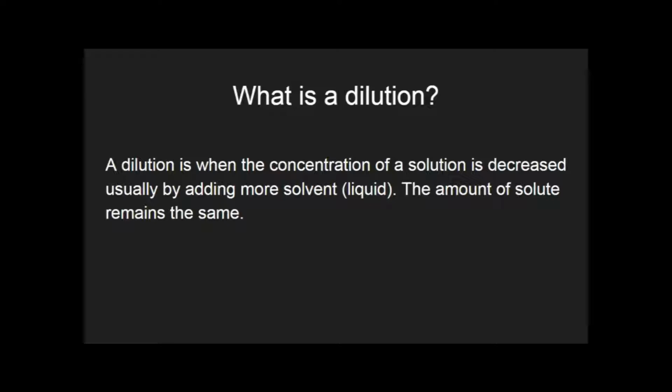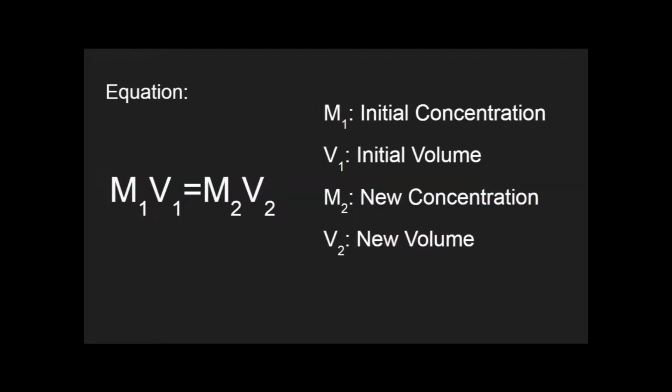Now that last part with solute remaining the same is very important. That means that when we dilute a solution, the amount of moles dissolved does not change. All that changes is the concentration and the volume. Remember how our general formula for molarity is that concentration, or M, equals the number of moles divided by volume, or that the number of moles equals the molarity times the volume.